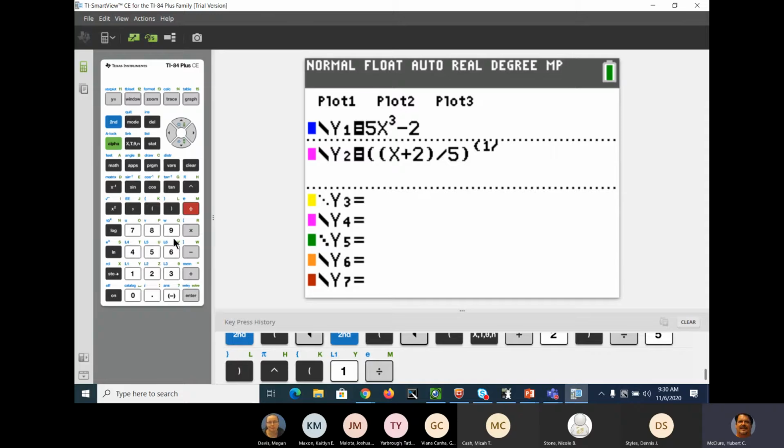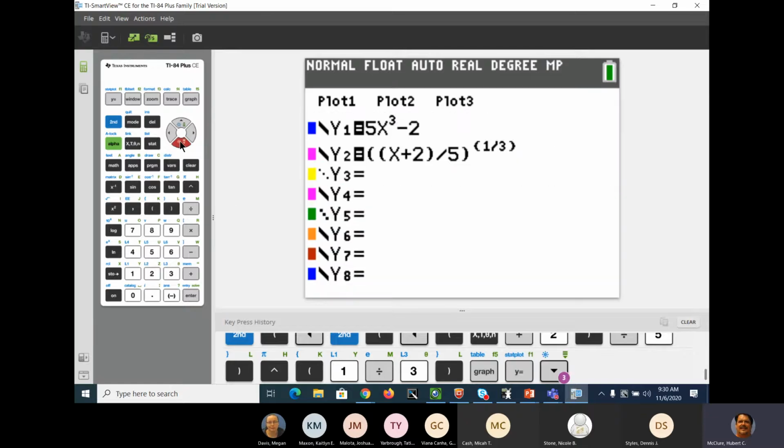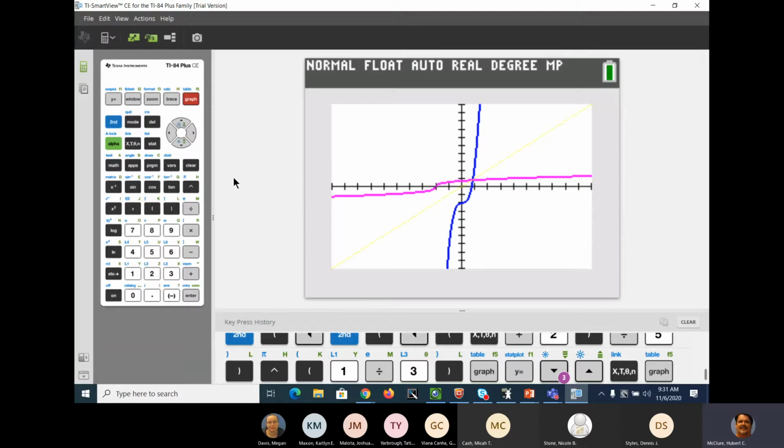That's the same thing as taking the cube root of x plus 2 over 5. Graph, and that looks perfect. And this one we can actually put the yellow X in there, and you can actually see the symmetry.